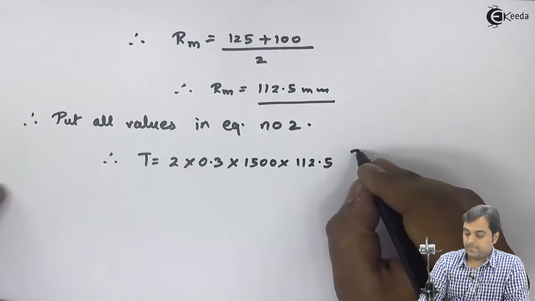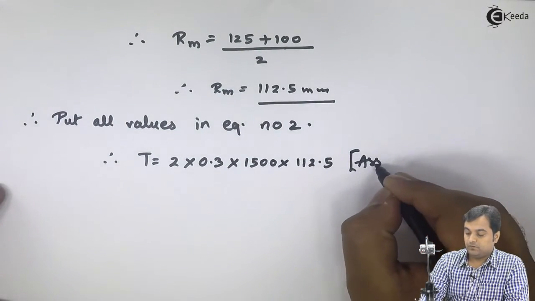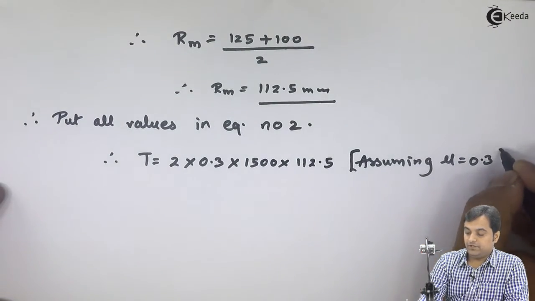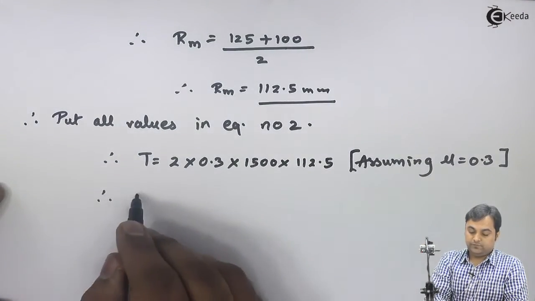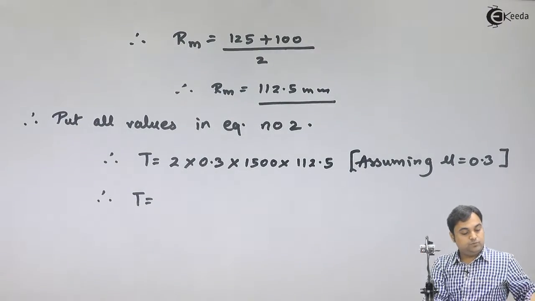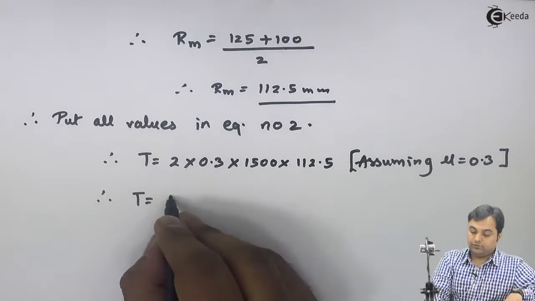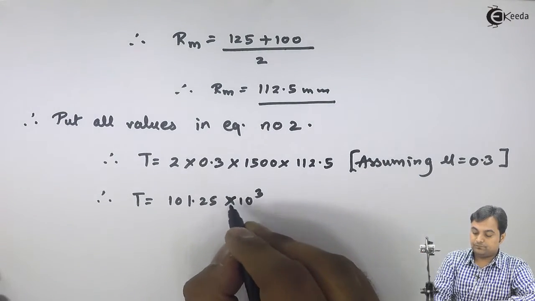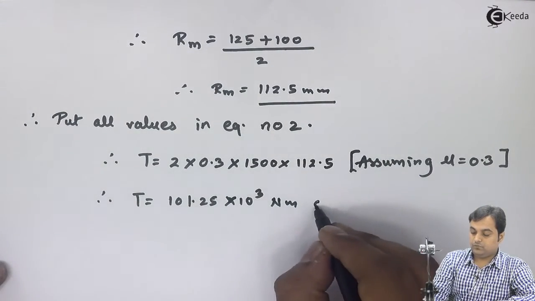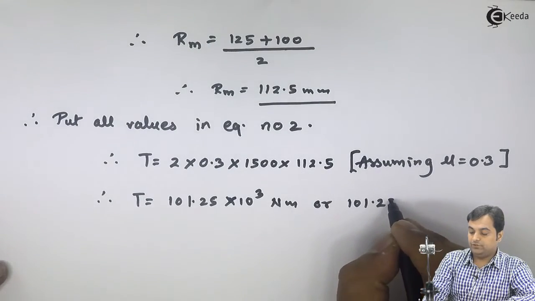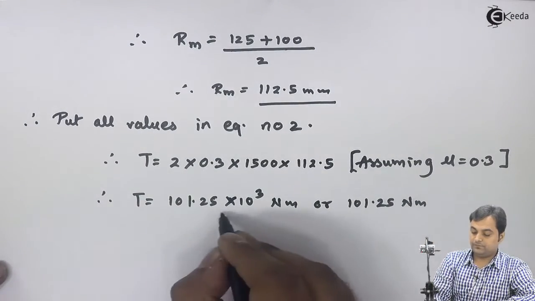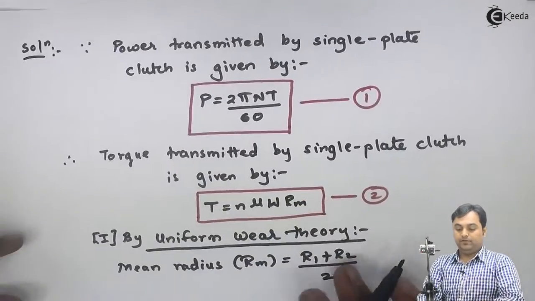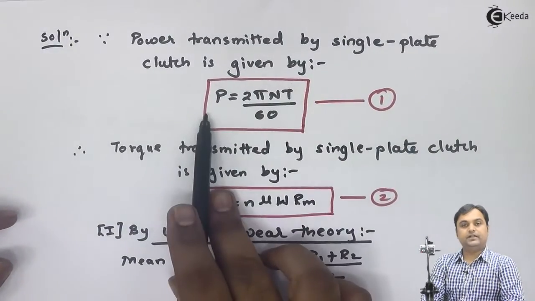I'll write down here, assuming mu is equal to 0.3. Therefore, T value comes out to be 101.25 into 10 raised to 3 Newton mm, or 101.25 Newton meter. Once I know the value of torque, I will put all values in equation number 1 and get the answer of power.